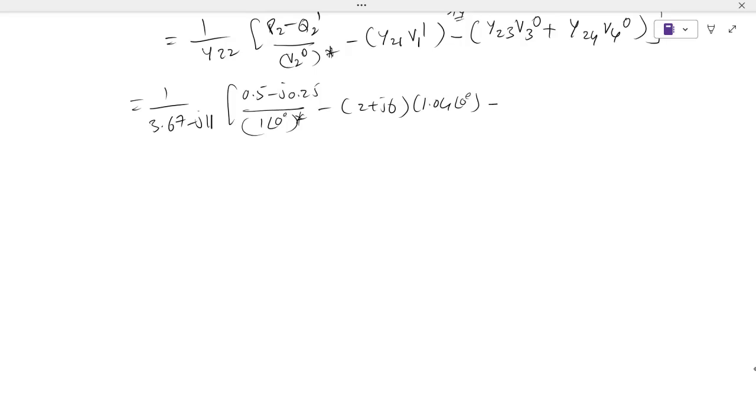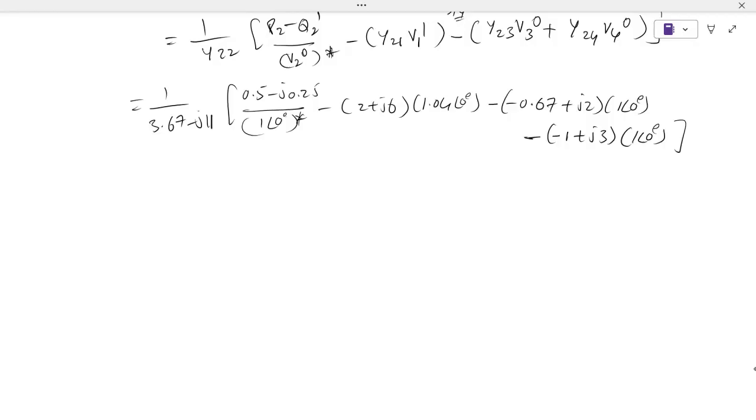Okay, minus this term, I am writing Y23, minus 0.67 plus j2, times V3(0), that is as per the flat voltage profile 1 at angle 0 degrees. And next this term, I am writing minus of minus 1 plus j3, times V4, again 1 at an angle 0 degrees.